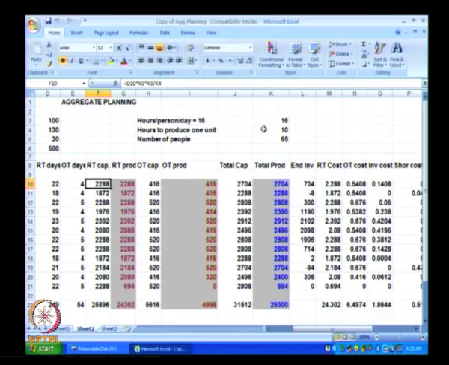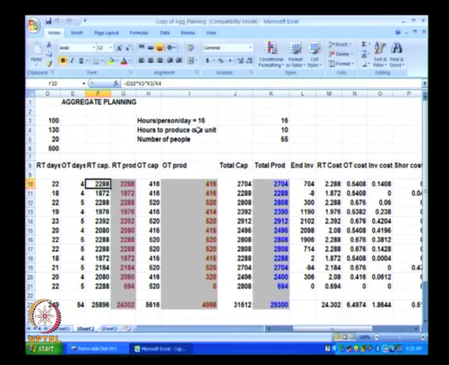It takes 10 hours to produce 1 unit. Each person spends 16 hours in a day. So in a day we have 65 into 16, which is 1040, and then we assume that it takes 10 hours to produce a unit, therefore 104 units are produced in a day.